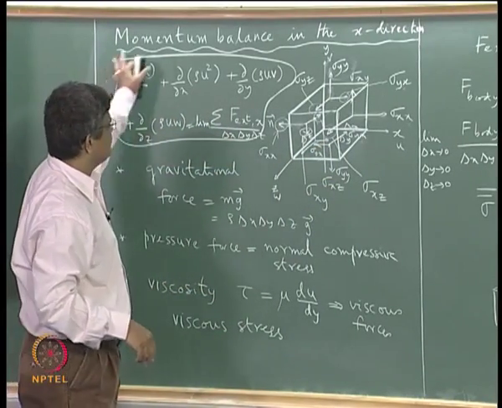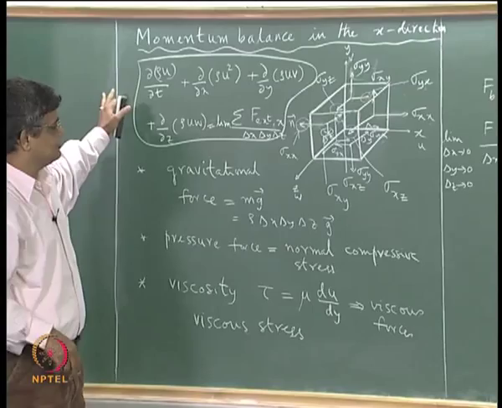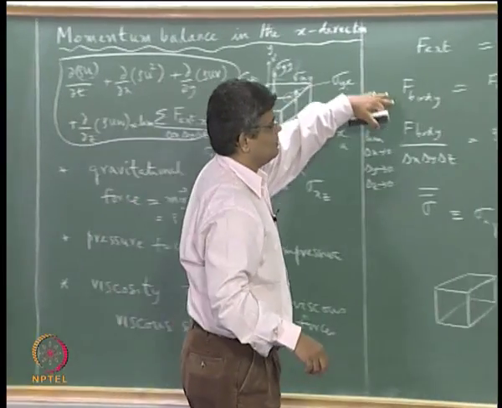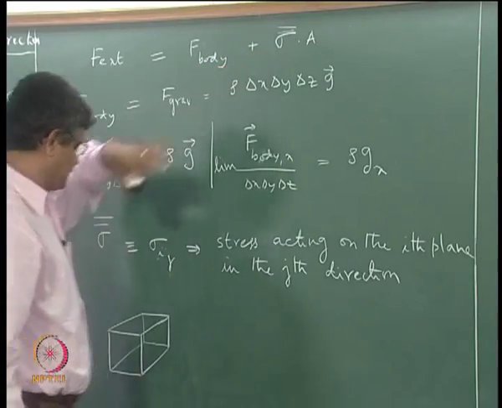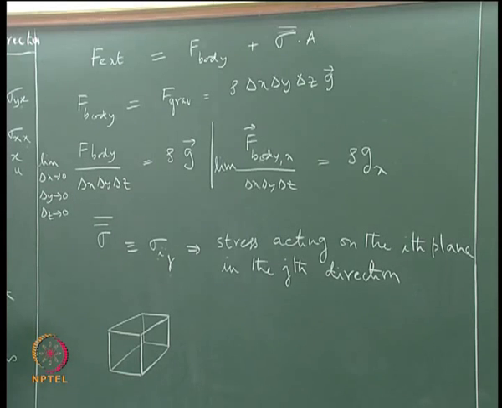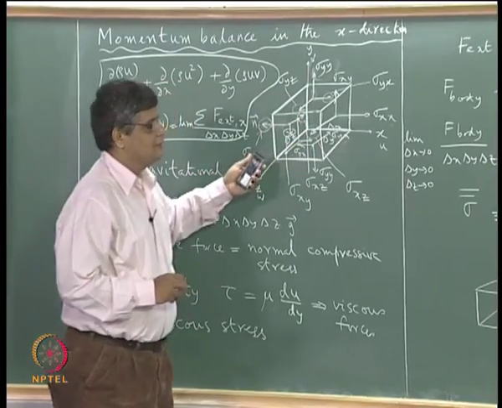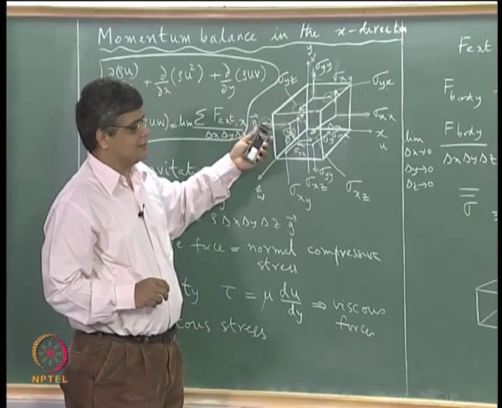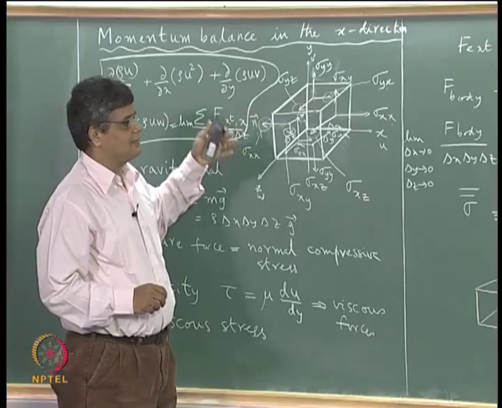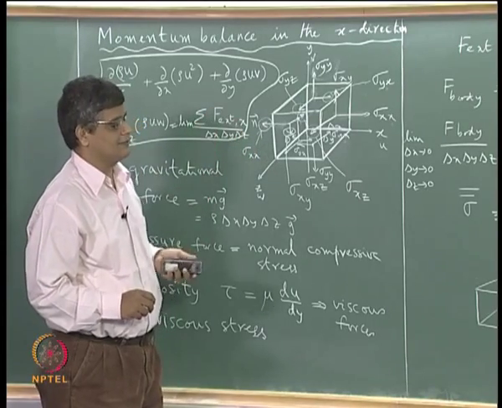So as far as the momentum balance in the x direction is concerned, apart from the body forces, when we consider the stress forces, we have to consider only those stresses which are acting in the x direction. There are 18 stresses, out of which 6 are acting in the x direction, 6 in the y direction, and 6 in the z direction.